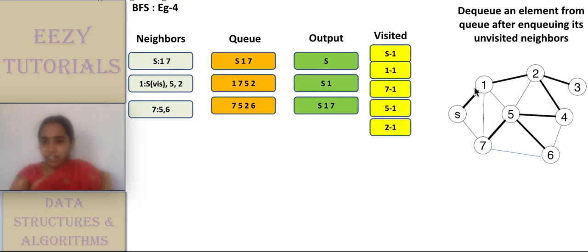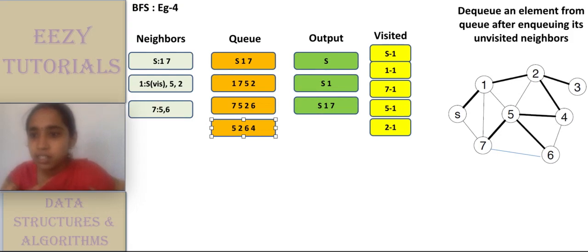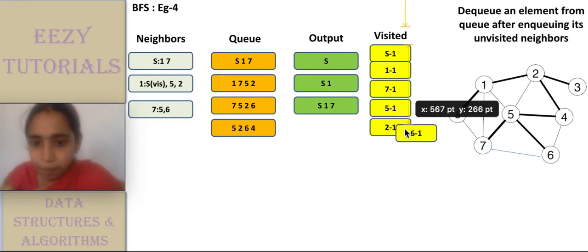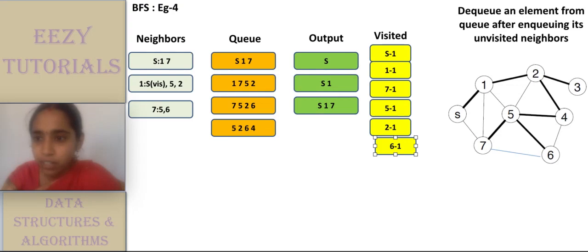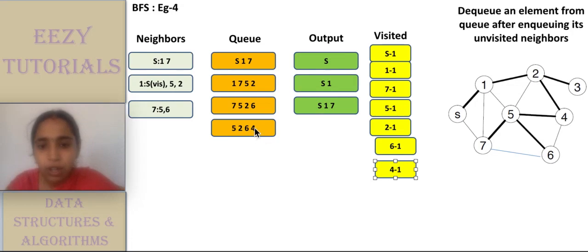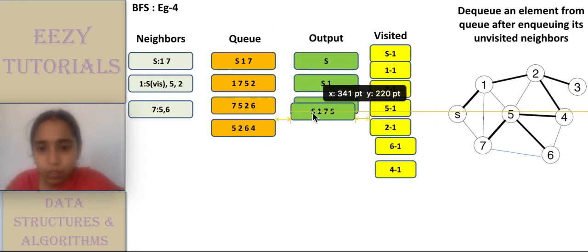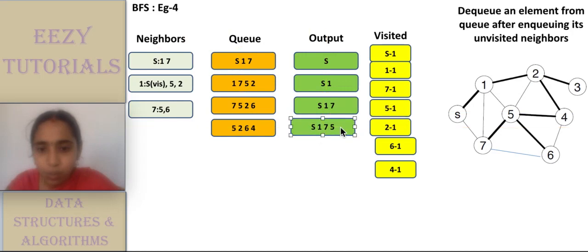The neighbors for 5 are 1, 7, 2, 4 and 6. 1 is visited, 7 is visited, 2 is also visited, 4 is not yet visited. So I can visit 4. In the last step, 6 was made visited. So I am visiting 4 and enqueuing 4 into the queue. After that I can dequeue 5. So in the output screen I have S, 1, 7 and 5.